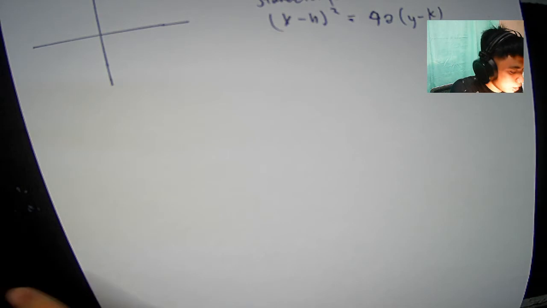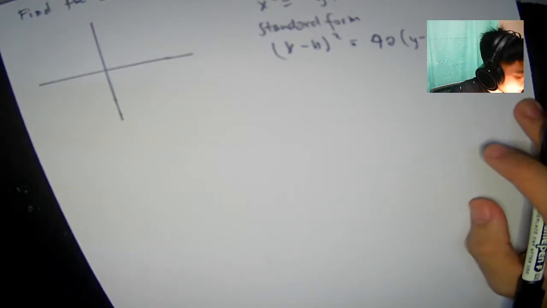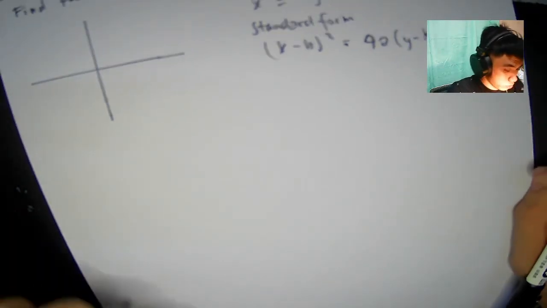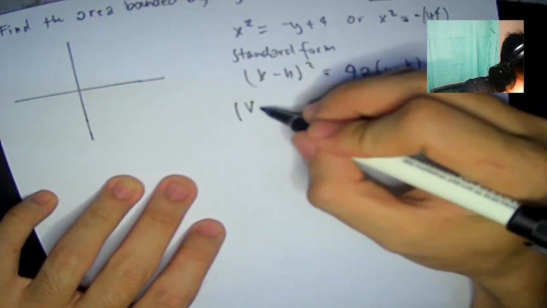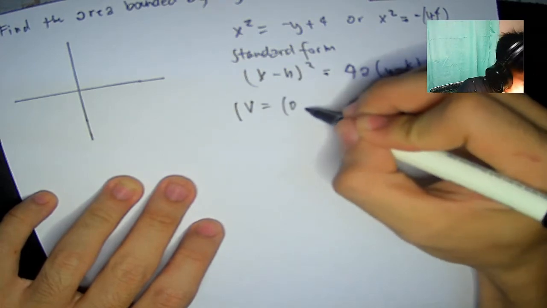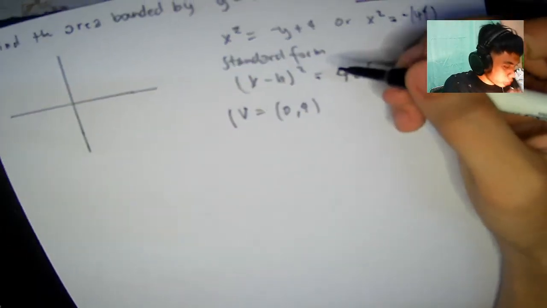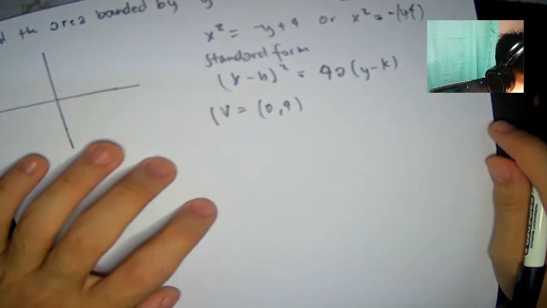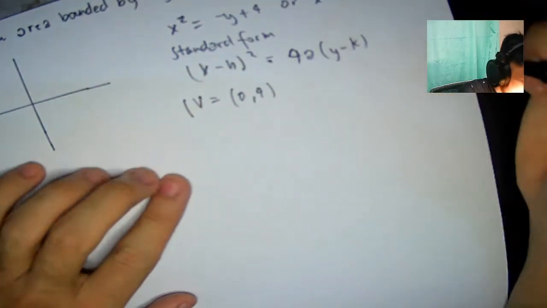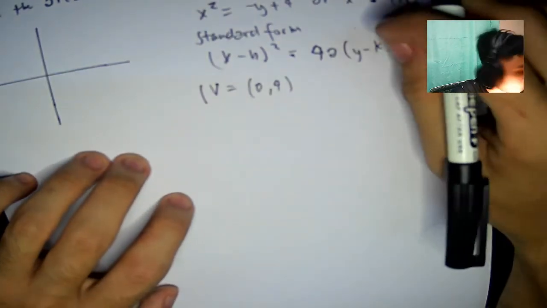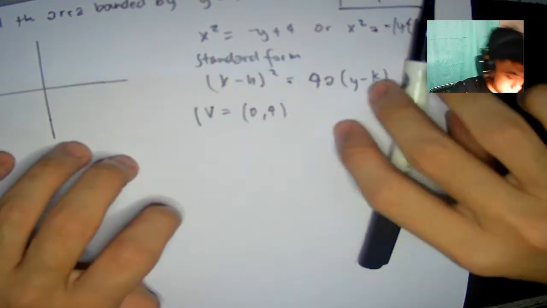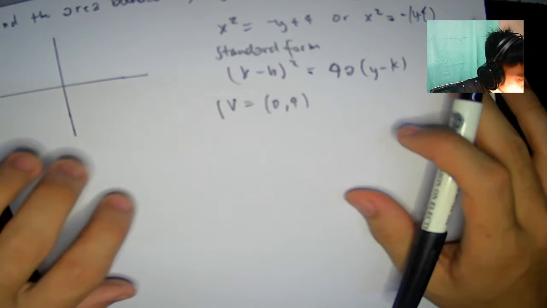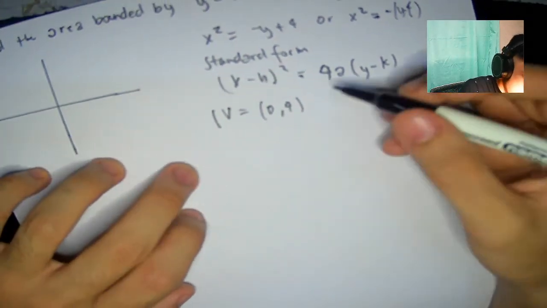So let's find the range. You can see that this is a parabola, with vertex at 0, 4.